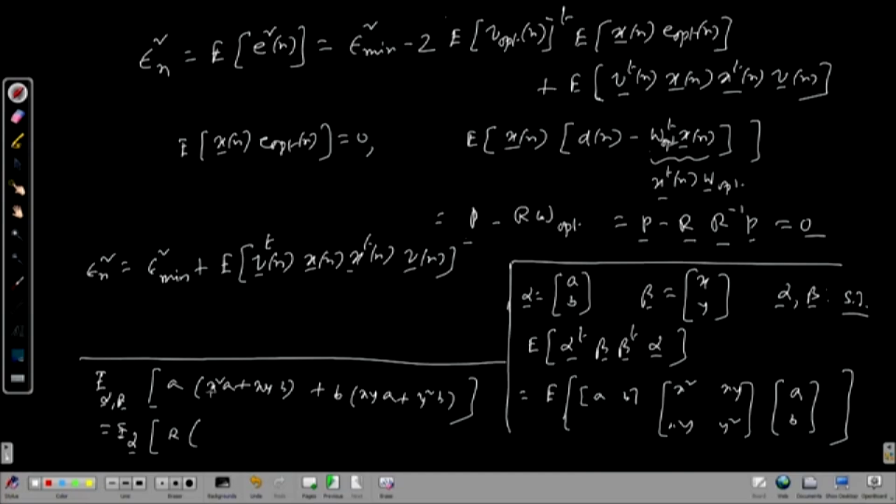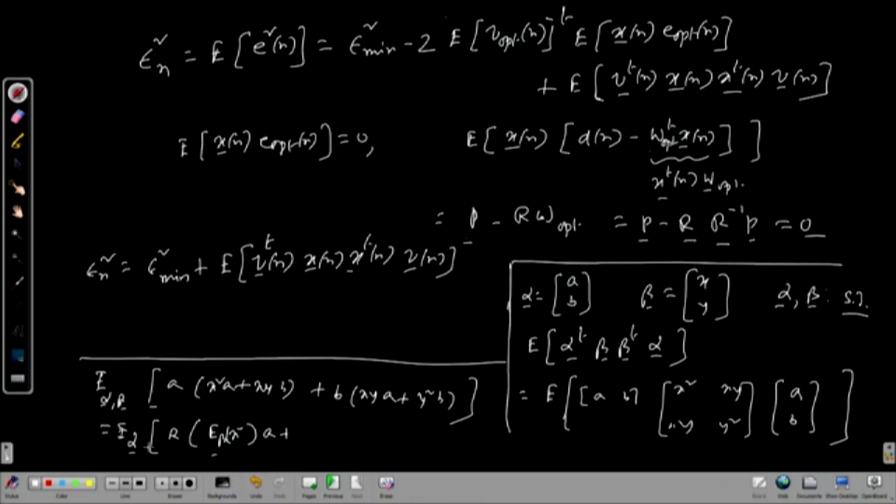Here you apply E beta on x square into A. Because E beta is only for the x y components, I could separate out because they are statistically independent.